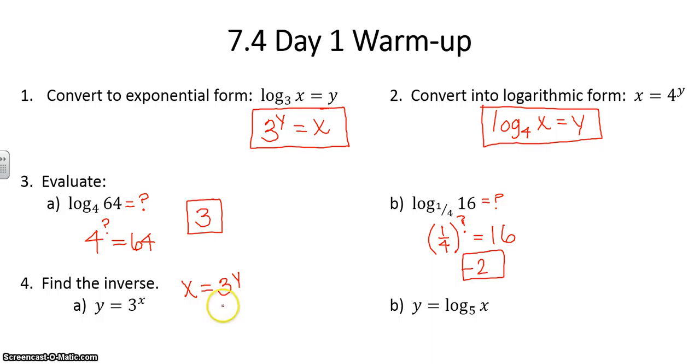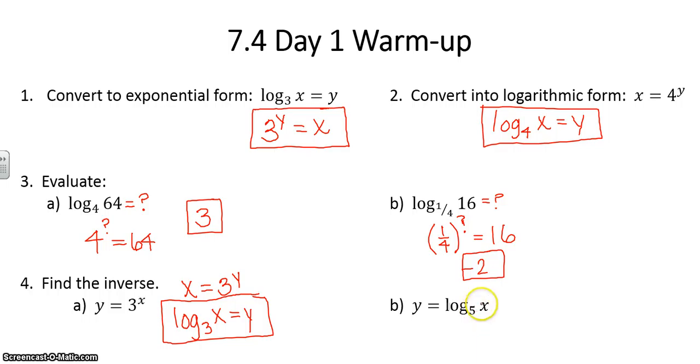So if you know that definition, that's what you try to do, switch it from one form to the other. So exponential form, change to log form, log base 3 of x equals the exponent y. And look, now y is all by itself, so that is your inverse.